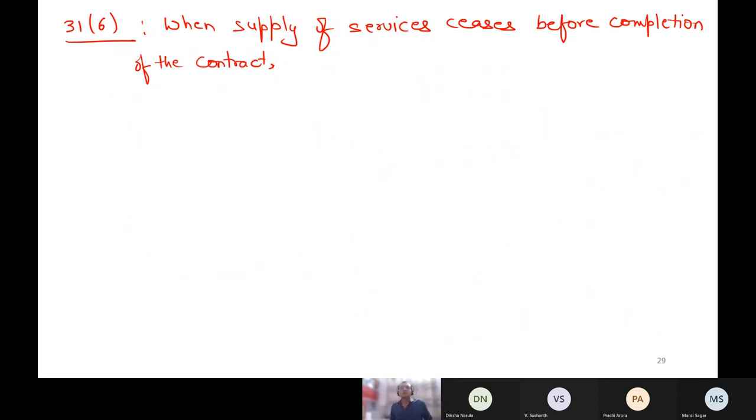For example, security services contract was for 1 year period, but after 3 months, they both agreed, supplier and recipient, that let us not continue this contract because supplier was not satisfied with the recipient's behavior and recipient was not satisfied with the supplier services. For example, they decided to terminate the contract just after 3 months.